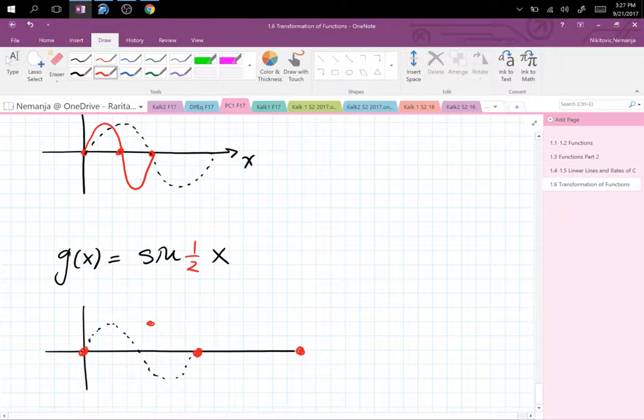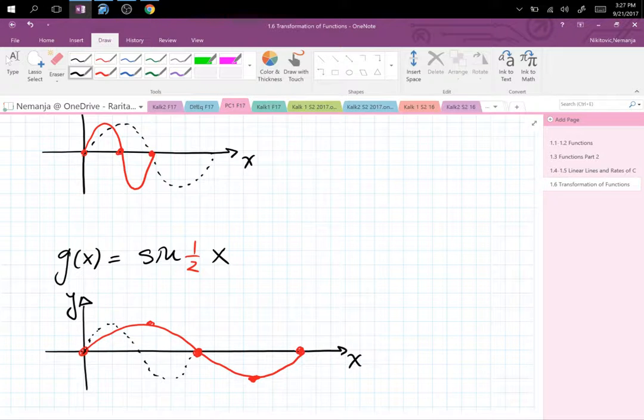So it's going to stretch like this. So that's what g of x is. So the original one. Now there are going to be measurements here. This is 2 pi and so on, but that's all for PreCalc 2. We don't worry about the actual divisions and so on. You'll have plenty of that in PreCalc 2.